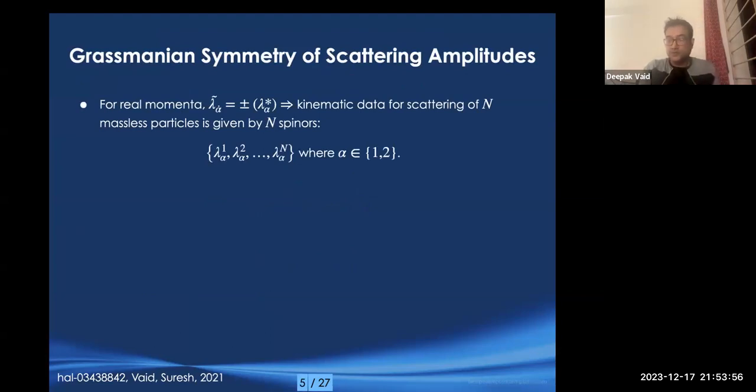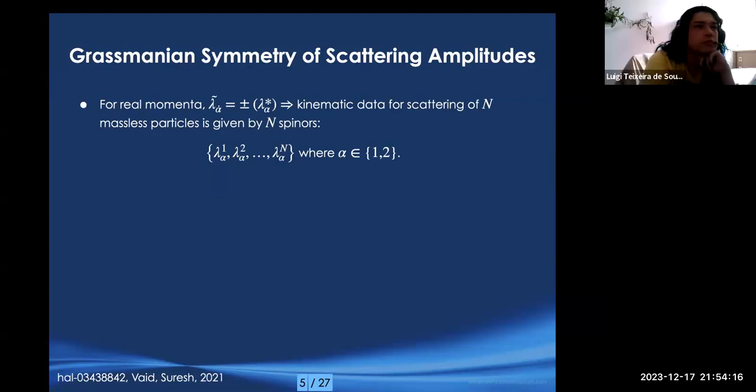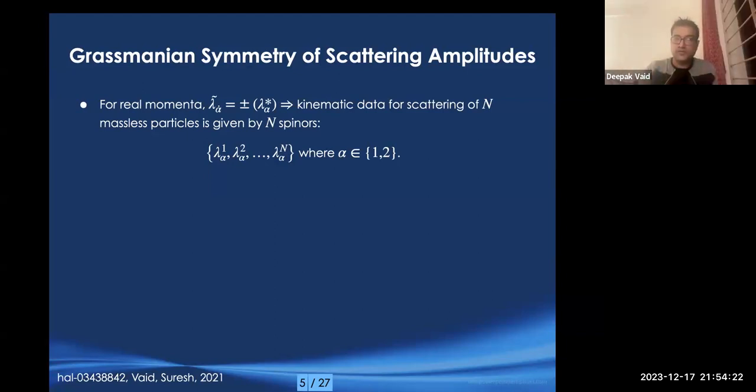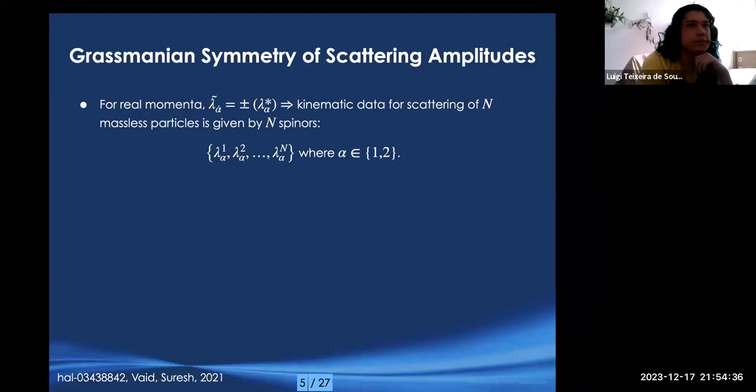People consider complex momenta also, and there are uses for that, but right now I don't need that. So we just want to work with normal QFT amplitudes. For real momenta, there is a relationship between these 2 spinors: one becomes the complex conjugate of the other, with a plus or minus sign, which depends on whether the momentum is future pointing or past pointing.